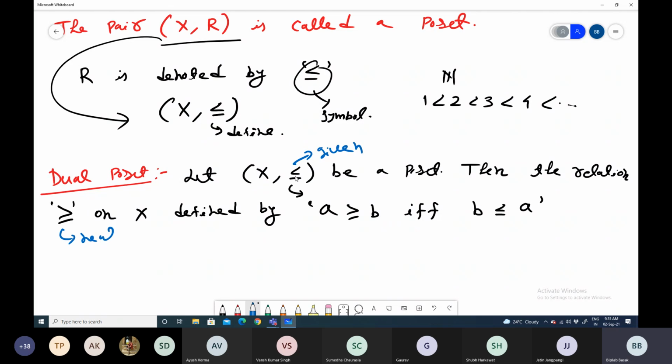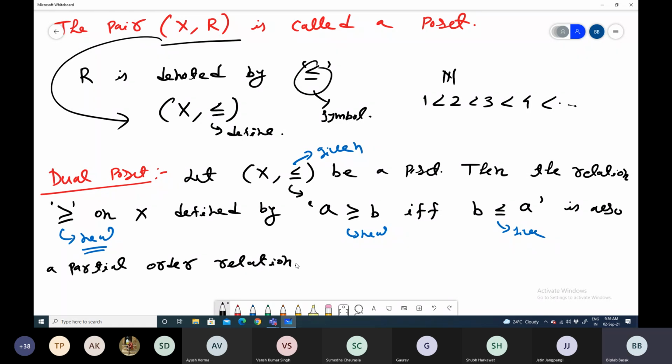Now, if this symbol is given, then we can define a new relation by this symbol in this way: a ≥ b if and only if b ≤ a. So this is given and this is new. Now it is easy to check that this is also a partial order relation, right? You can check that. This is very simple.